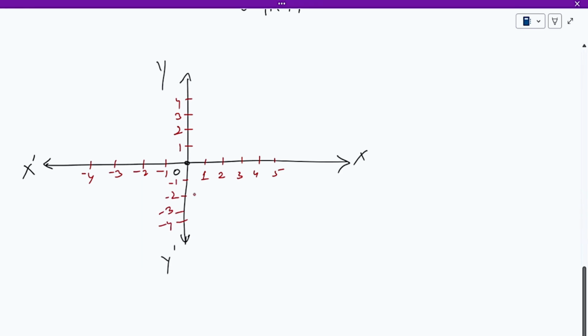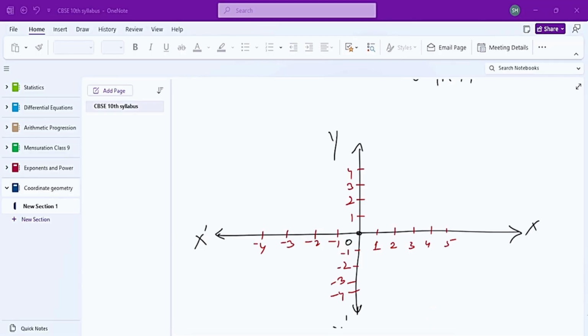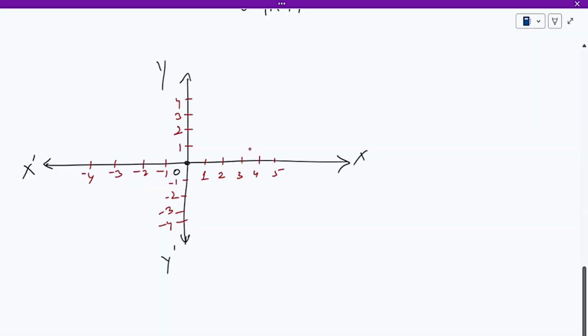So over here you can find that this is OX. If you look at OX carefully, this is the positive x-axis. And this OX prime, or OX dash, is the negative x-axis.